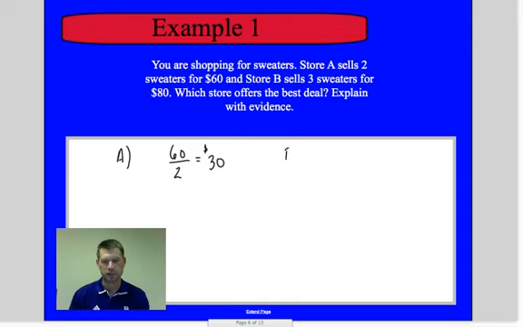Okay, well, let's look at B. Store B is going to sell you 3 sweaters for $80. So we're going to take 80 divided by 3. How many times does 3 go in? Well, it goes in twice, which makes 6. Subtract, you get 2, 0.